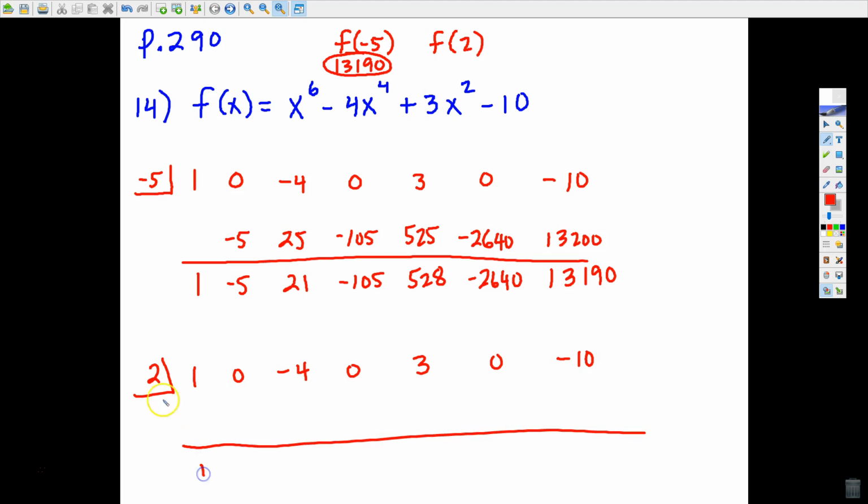So bring down the 1, multiply, add, multiply, add, 0 times 2 is 0, add, 0 times 2 again, 0, 3 plus 0 is 3, 3 times 2 is 6, add, 6 times 2 is 12, and we add. So the answer for the part f of 2 is 2. So that's your complete answer for number 14.